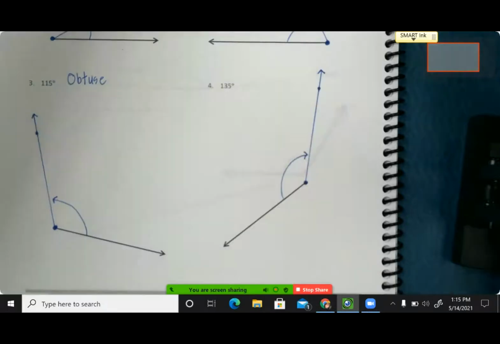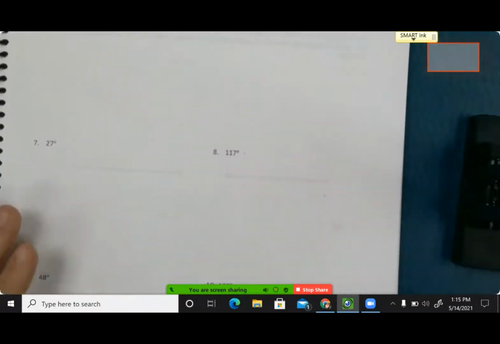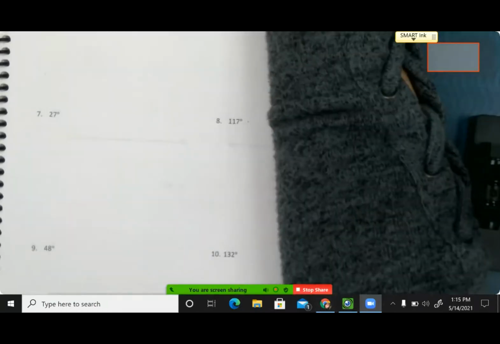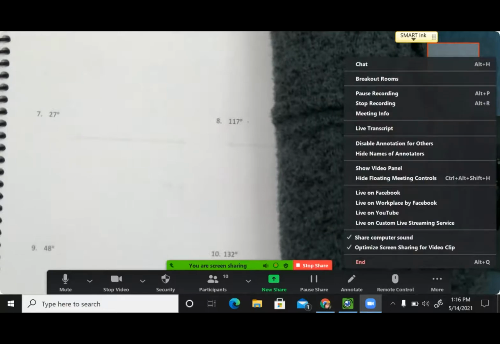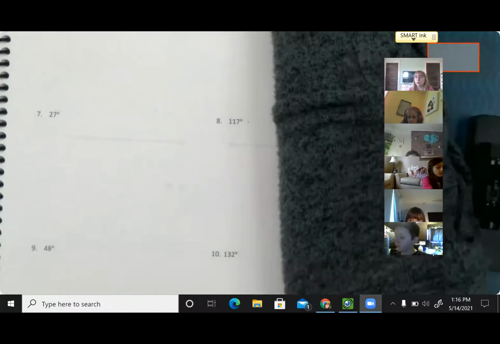All right. Next page, flip over. Now we're going to try to draw our own angles. So Soren, I want you to pick a number 5 through 10. Soren, are you there?